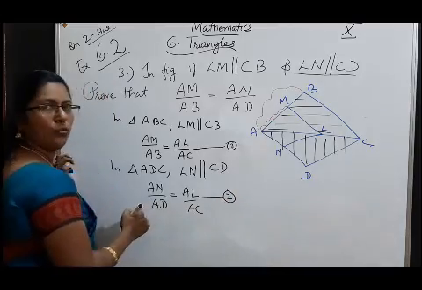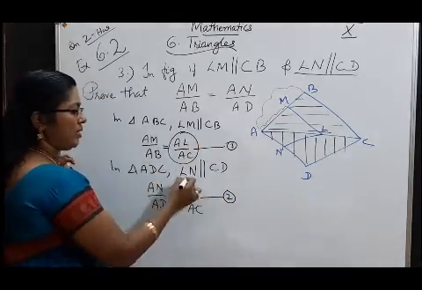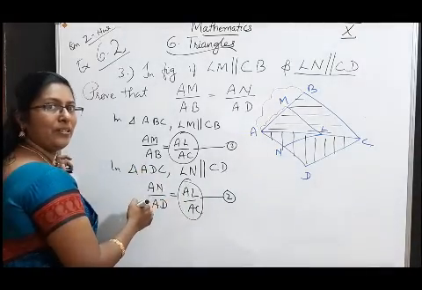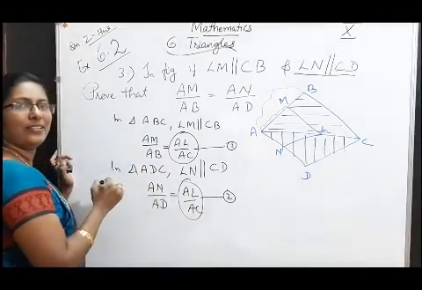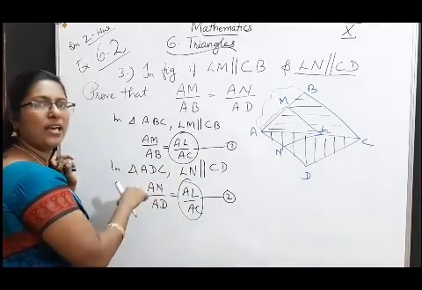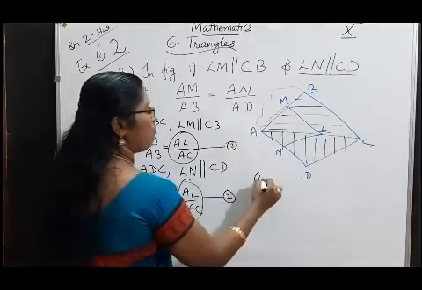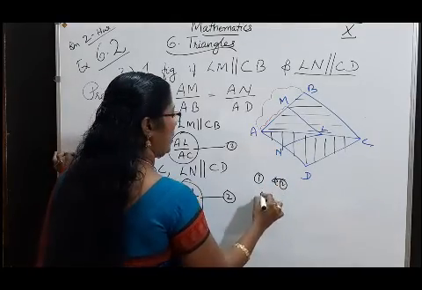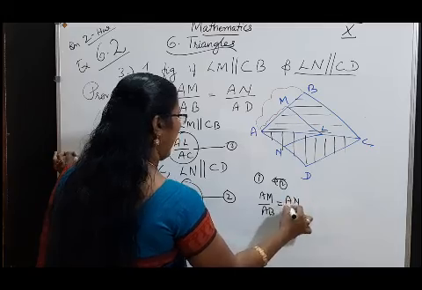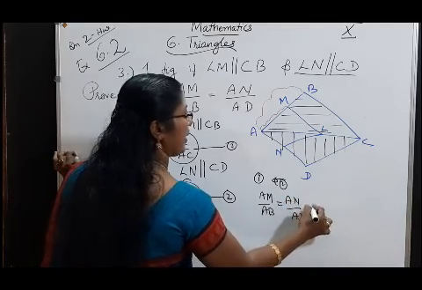Equation number 2. From 1 and 2, AL by AC is the same. In the 9th standard you studied Euclid's axiom: things which are equal to the same thing are equal to one another. So from 1 and 2, AM by AB equals AN by AD. Hence proved.